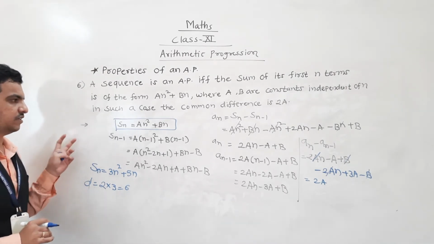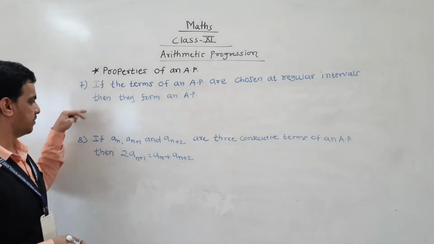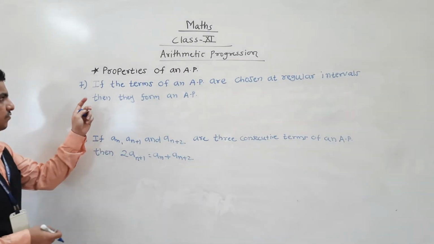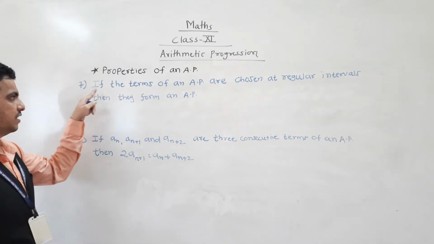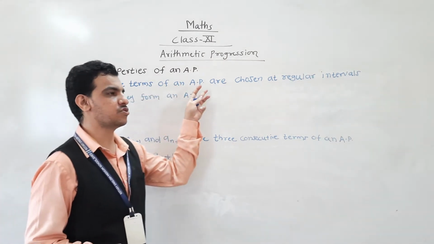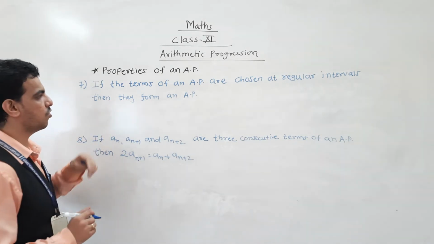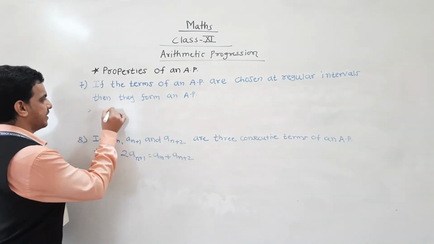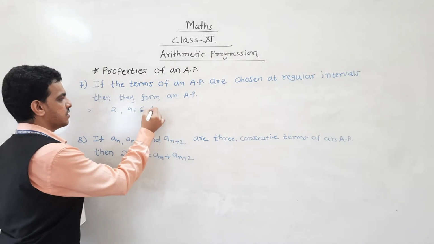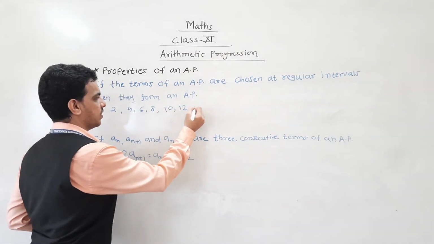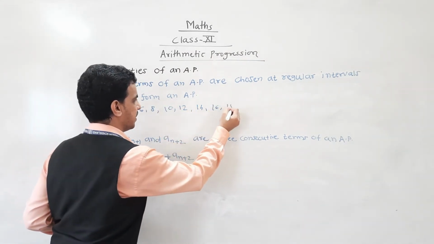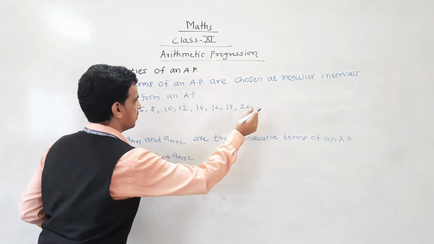Now we will see the next property. Now we will see two properties, which are easy. First, the seventh property: if the terms of an AP are chosen at regular intervals, then those terms also form an AP. Suppose I take the example 2, 4, 6, 8, 10, 12, 14, 16, 18, 20, and so on.